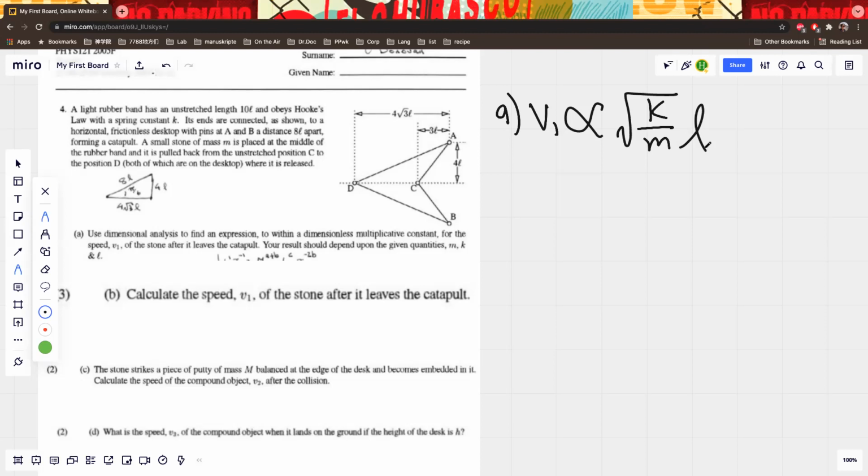Yeah. So for B, we had conservation of energy. We had half m v1 squared. That's the kinetic energy, and that kinetic energy is coming from elastic energy. So that's half kx squared.